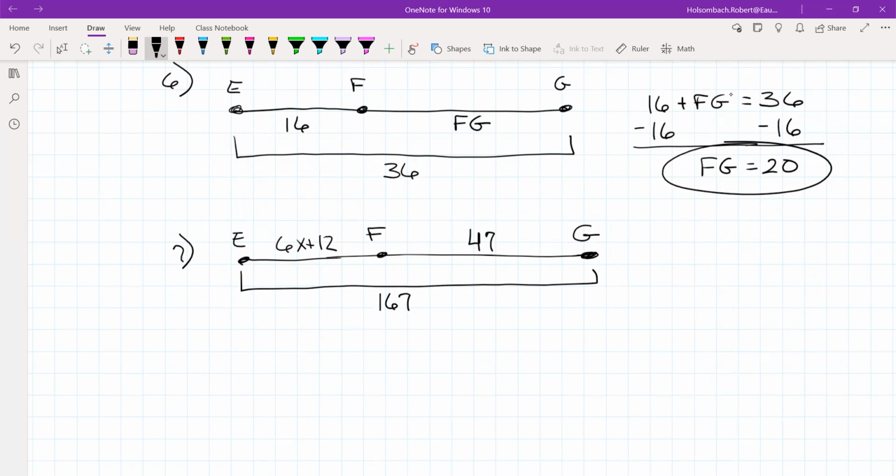Well, the sum of the 2 smaller pieces equals the big piece. So 6x plus 12 plus 47 equals 167. We're going to combine like terms. So 6x plus 59 equals 167.